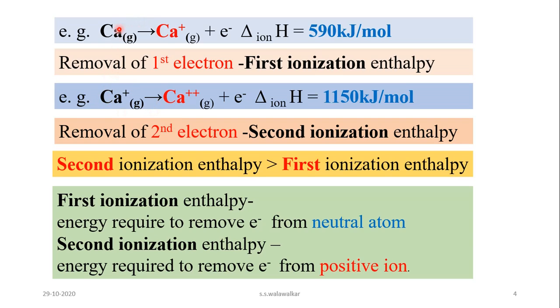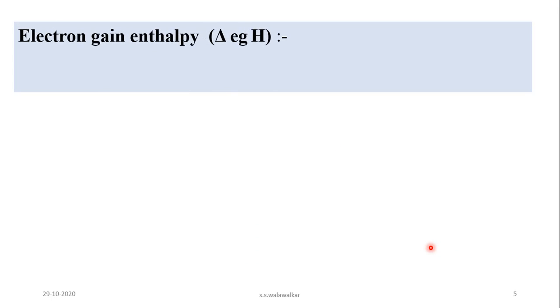The size of the calcium ion is smaller than the calcium atom, and due to this the second ionization enthalpy is greater than the first.